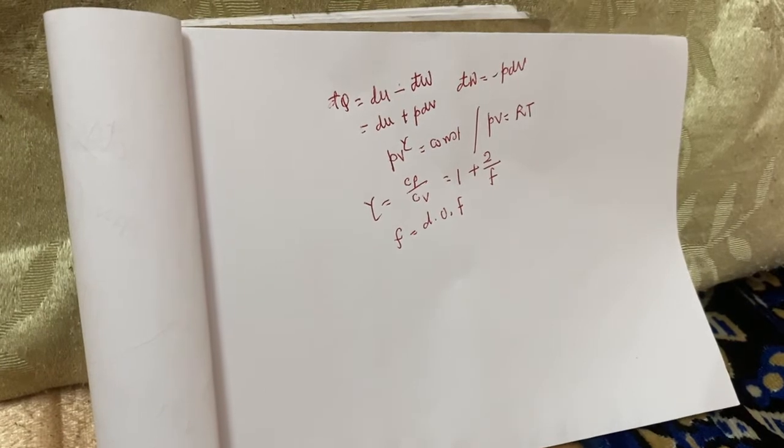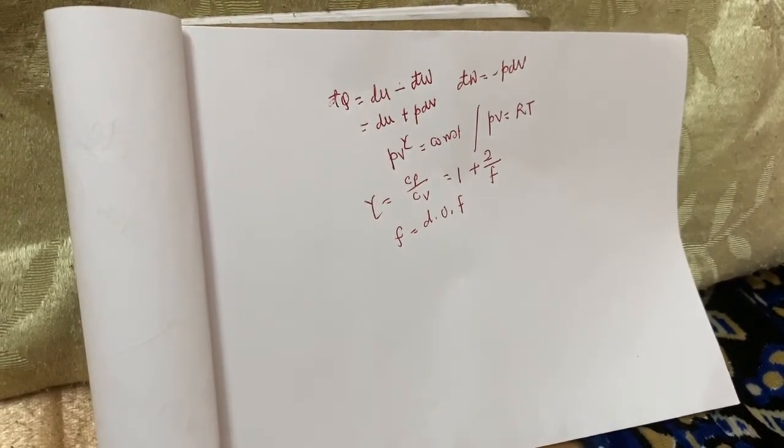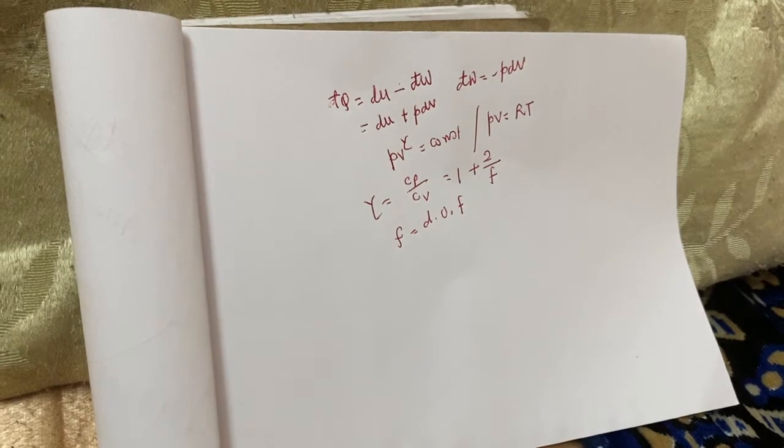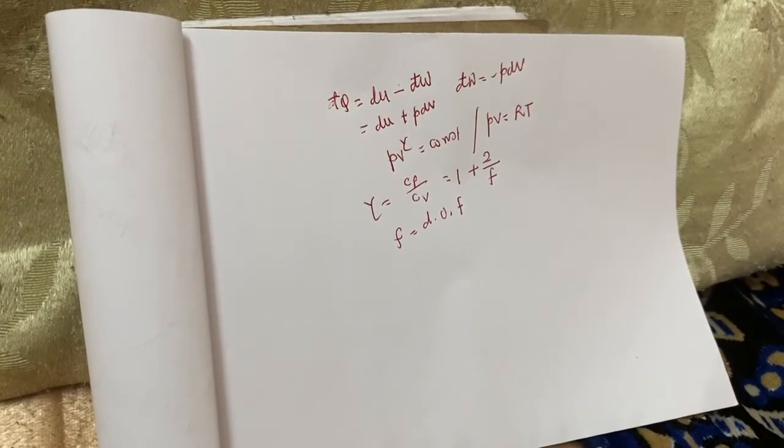Gamma equal to Cp by Cv, the ratio of heat at constant pressure and at constant volume, equal to 1 plus 2 by f, where f is the degrees of freedom.